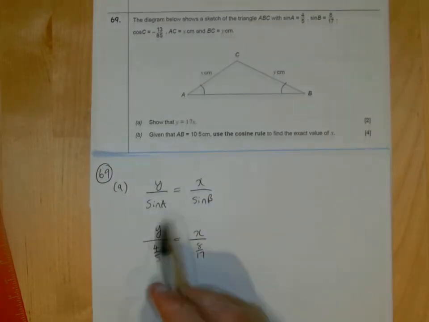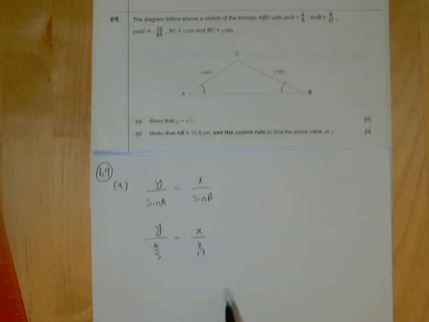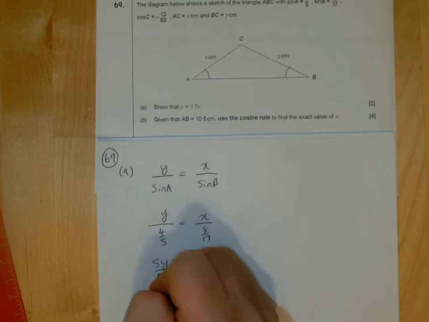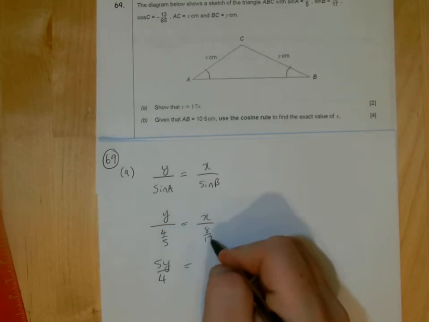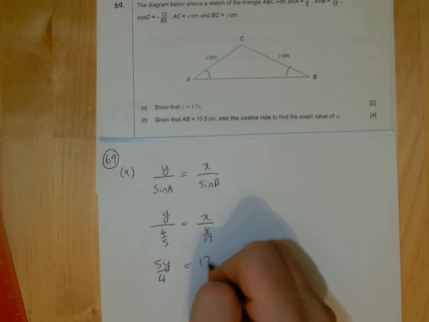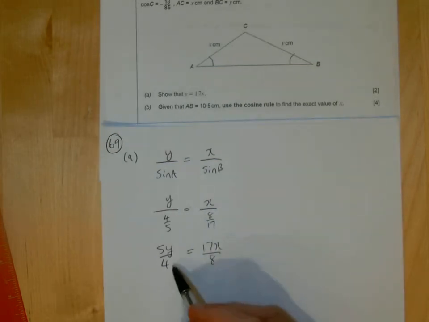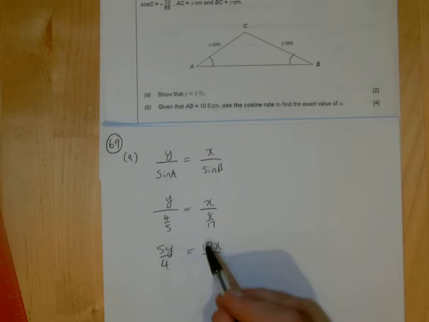Now from here I can get to that quite quickly. I've got a fraction on the bottom, so let's take the bottom number up. It'll be 5y/4. The same here, fraction on the bottom, take the bottom number up, so it'll be 17x/8. Now I want y equals, so I need to take this fraction over the other side.